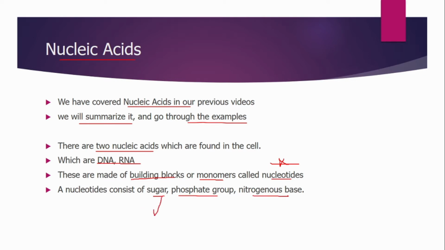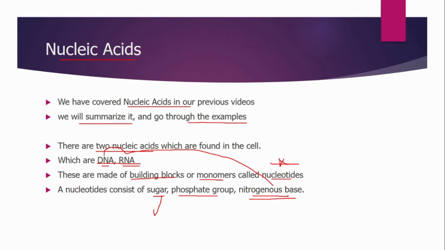Note which sugar makes DNA and which sugar makes RNA. For the phosphate group, it is the same for DNA and also for RNA. For the nitrogenous base, they are different. So it is important to look at them to be able to spot the difference in the nitrogenous base for RNA and that of DNA.